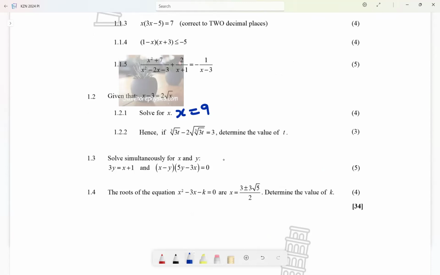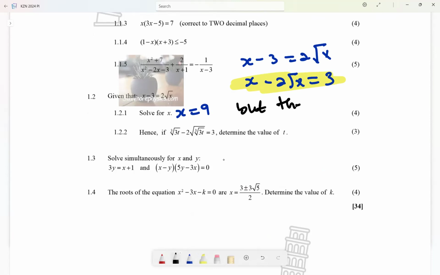So here, I want you to see, if I take this one, x minus 3 is equal to 2 square root of x. When I rewrite it like this, can you see here, instead of x, they take this 2 square root of x, it is equal to 3. This is the same.